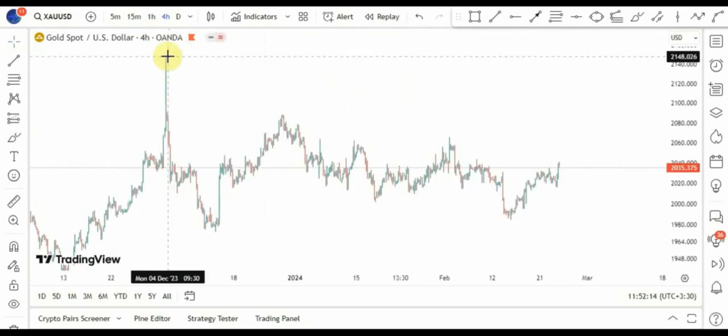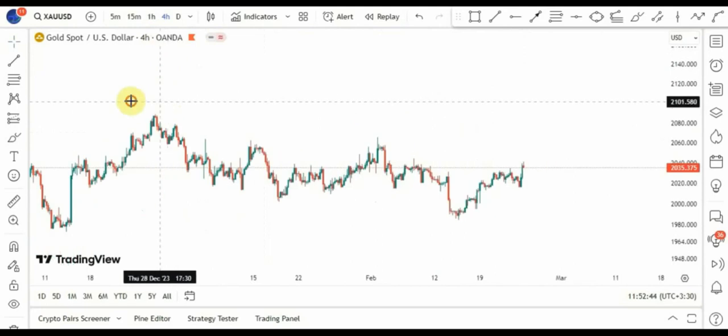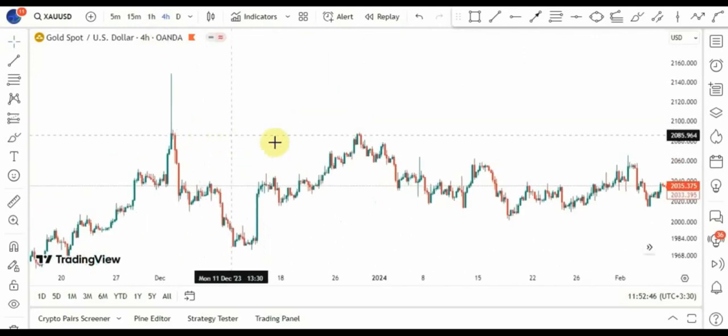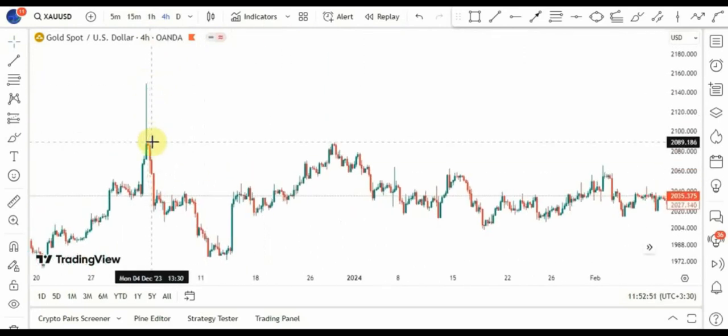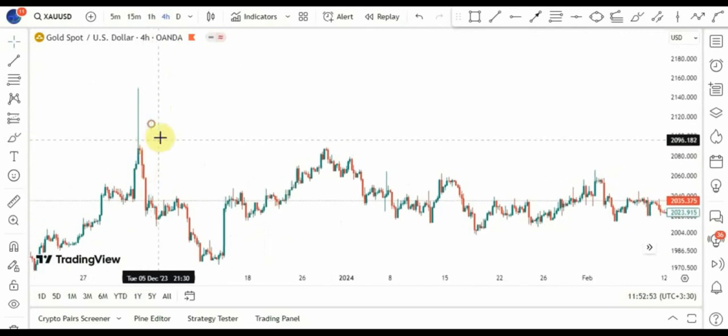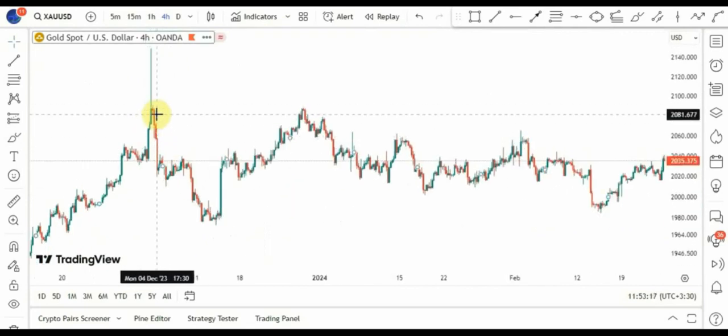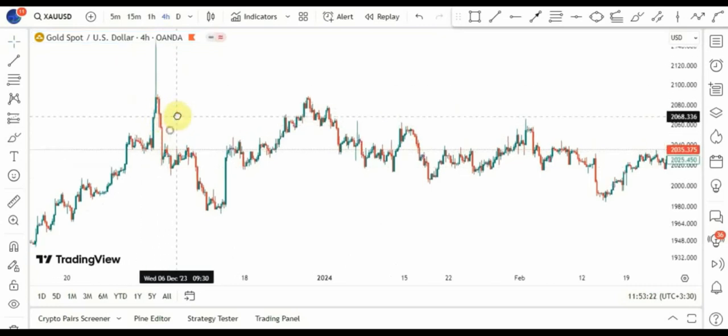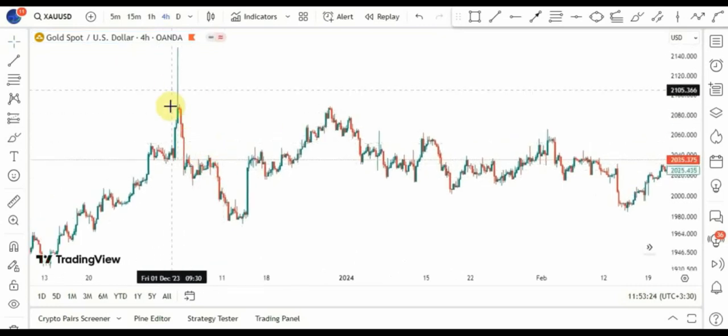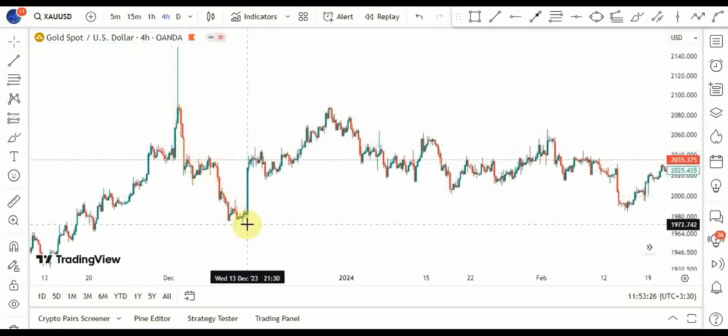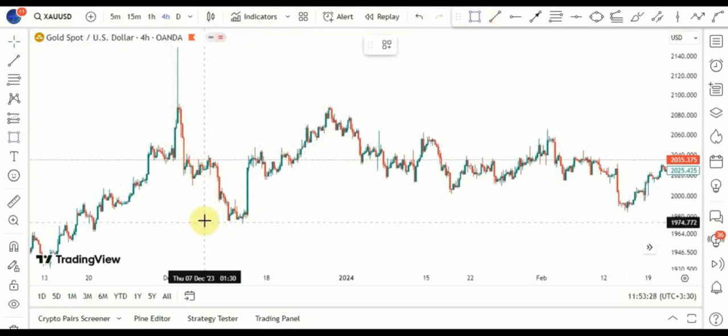The most historical price of gold is right here, around 2,150. When gold touched this all-time high, it was followed by a shadow on the 4 hour time frame. And then we saw the price of gold coming down till here, around 1980.